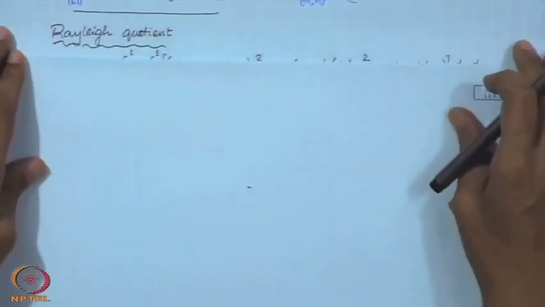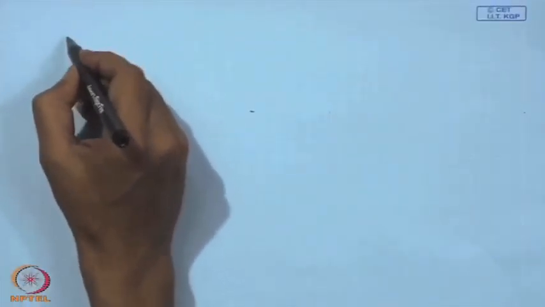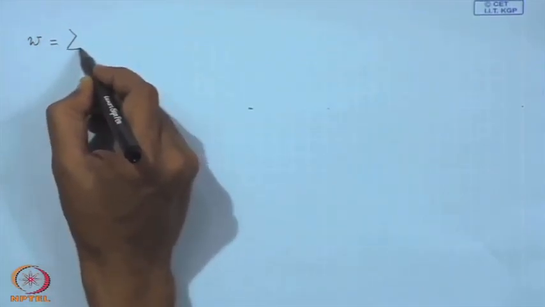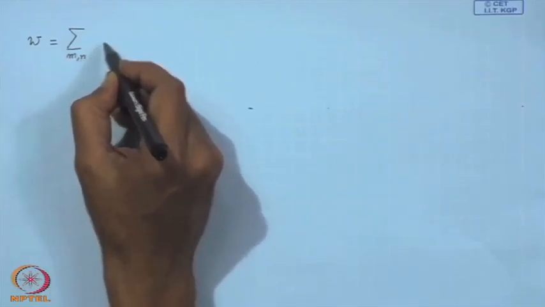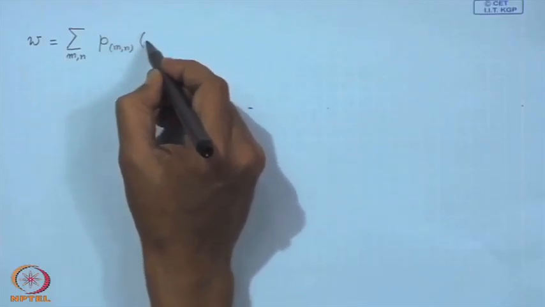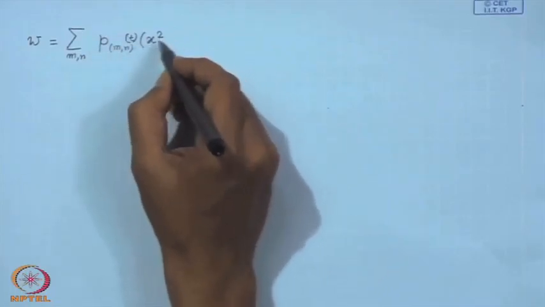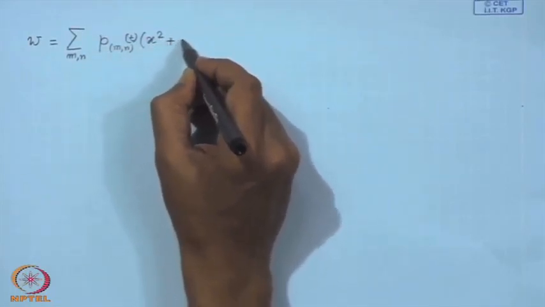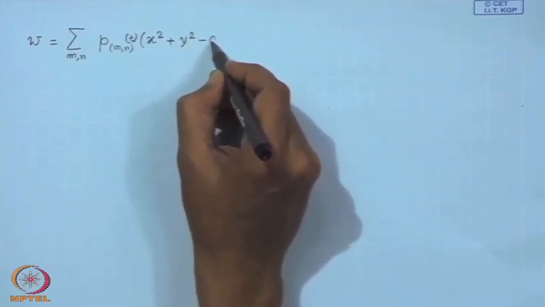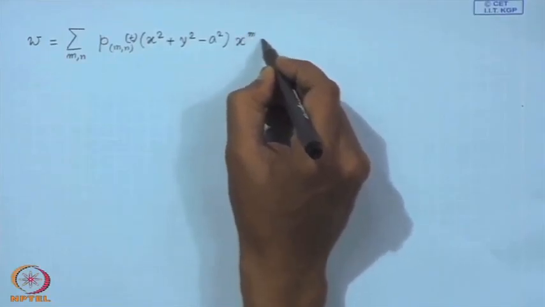So, the expansion that we are using is P, these are the coordinates, multiplied by the admissible function.